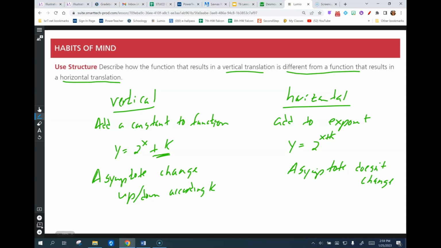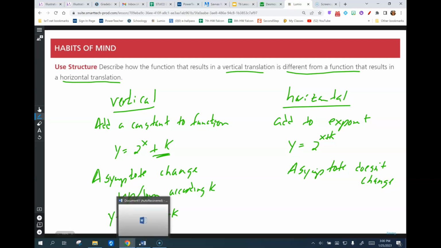And then my y-intercept. My y-intercept is going to change on both of these. Here, you're just going to add k to whatever it is, 1 plus k, because the y-intercept on your parent function is 1, no matter what your parent function is. Every parent function, y equals 3 to the x, y equals 5 to the x, your y-intercept is always going to be 1.